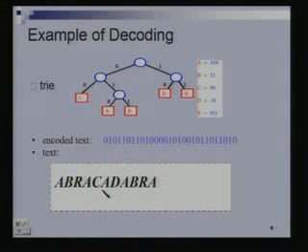So that's what this will turn out to be. And you can decode it and see. Suppose I give you this trie, and I give you this encoded text. How much time does it take to decode? Order of the length of the text.